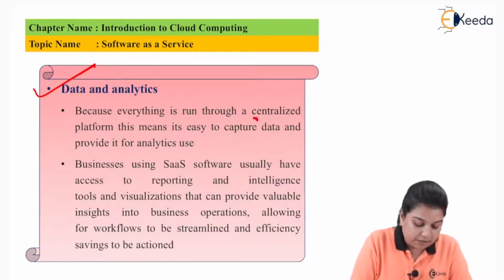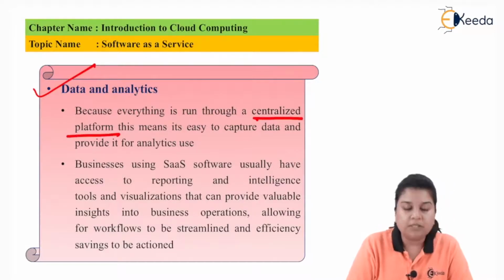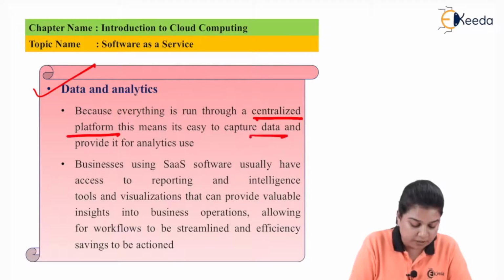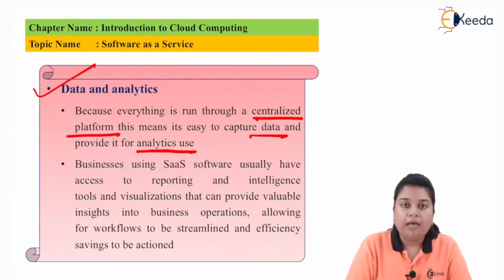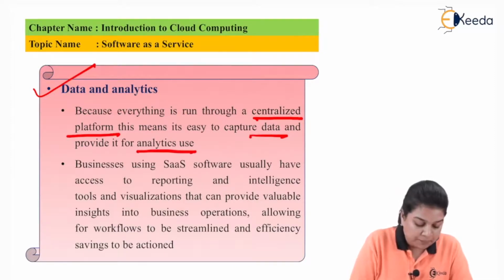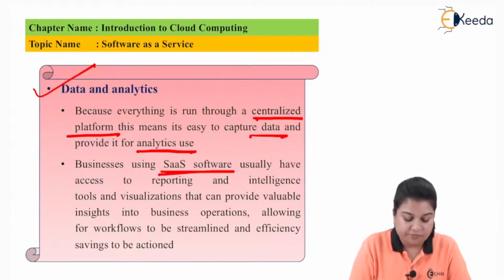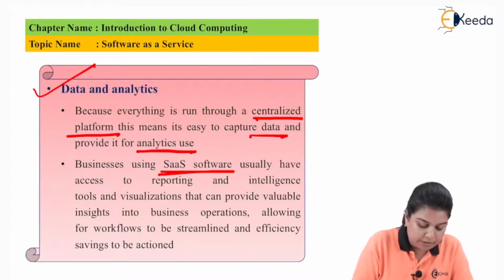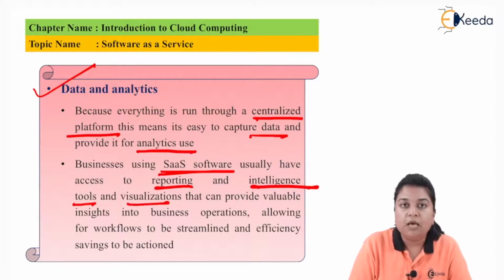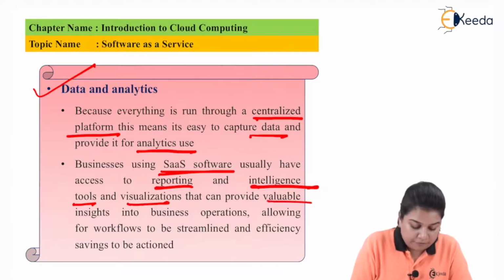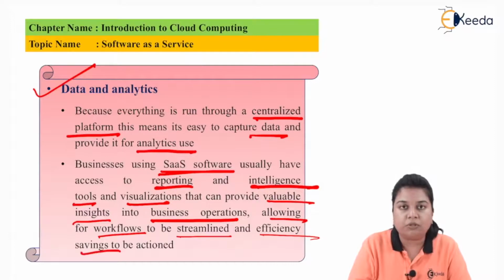Data and analytics. Because everything is run through a centralized platform, it is easy to capture data and provide it for analytics use. Businesses using SaaS software, that is, software as a service software, usually have access to reporting and intelligence tools and visualizations that can provide valuable insights into business operations, allowing for workflows to be streamlined and efficiency savings to be actioned.